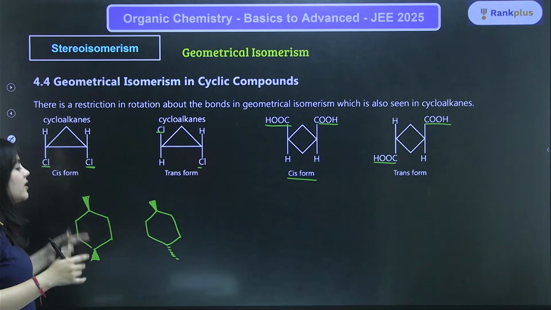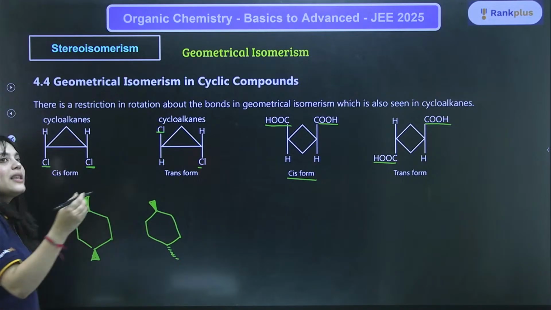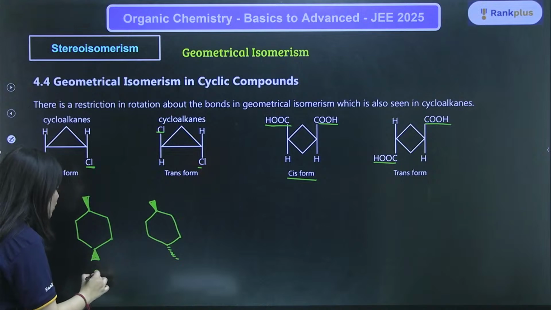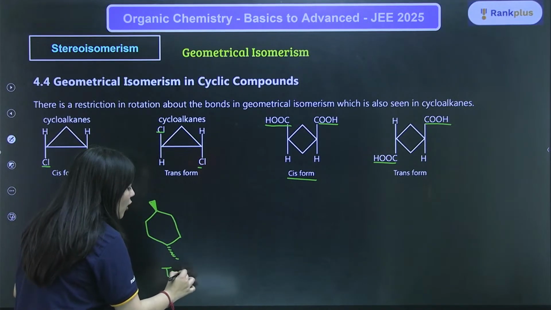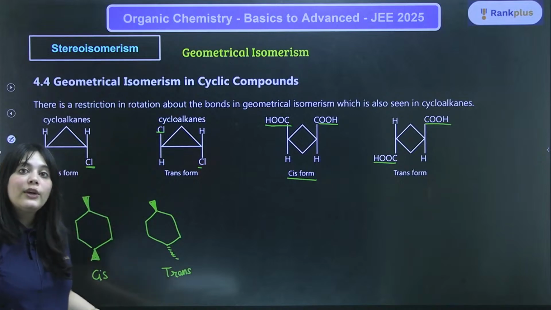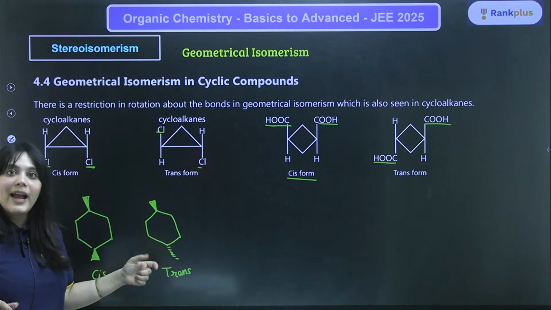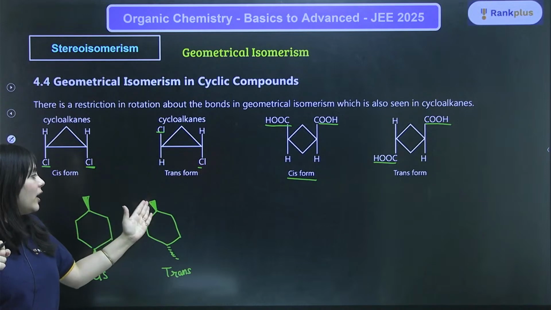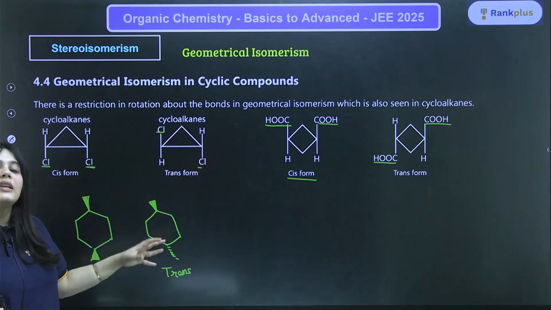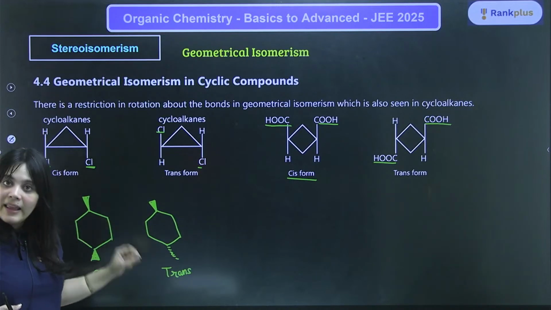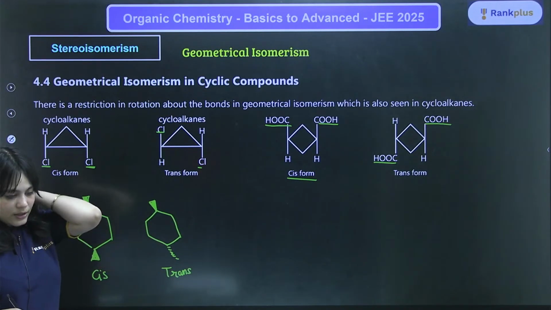What does the wedge sign represent? The wedge sign represents that the CH3 group is actually coming out. So this is showing you the cis form, and this is showing you the trans form of the cyclohexane. As I told you, cis and trans will be shown by the rings, because the rings cannot rotate. So if one CH3 is coming out, the other CH3 is going back, it will remain in the same position, because this is a ring and not a chain. Understood this thing? So this is a cis form, this is a trans form.